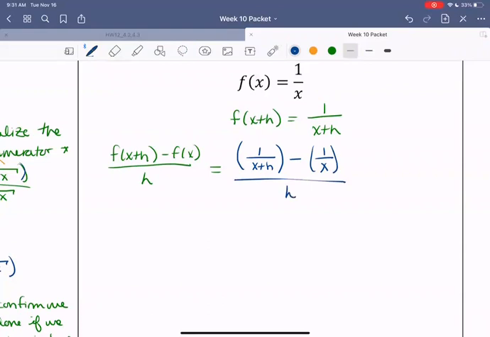So now for simplifying. When we have a numerator with fractions, as we see here with the difference of fractions, what we're going to do is subtract those fractions together, meaning we need to find common denominators in order to combine these fractions. So I'll just write that out here. Find common denominators to subtract fractions.